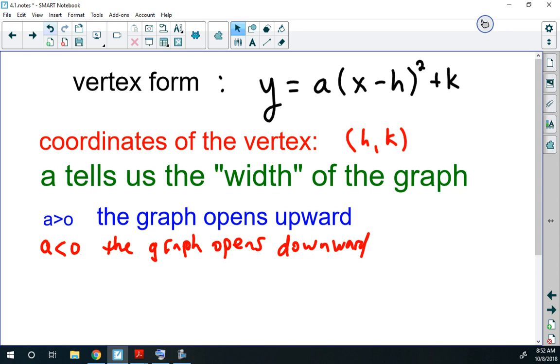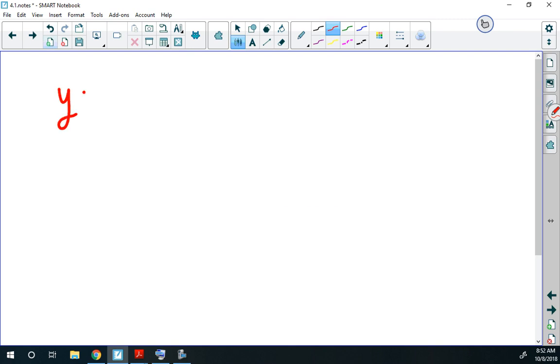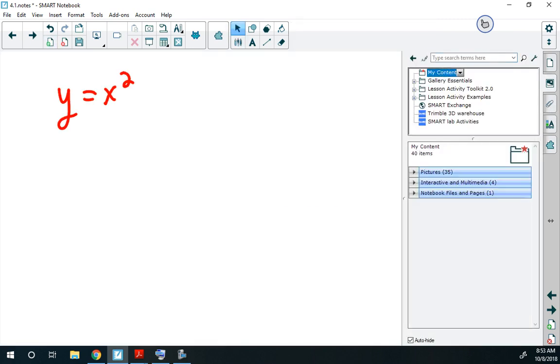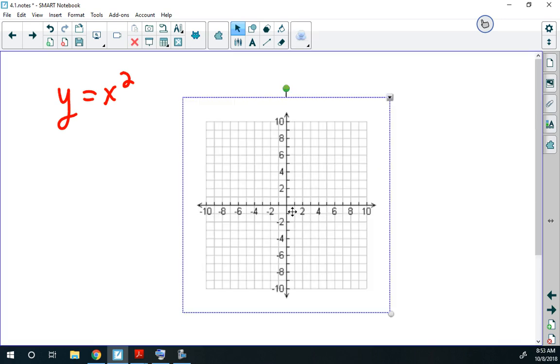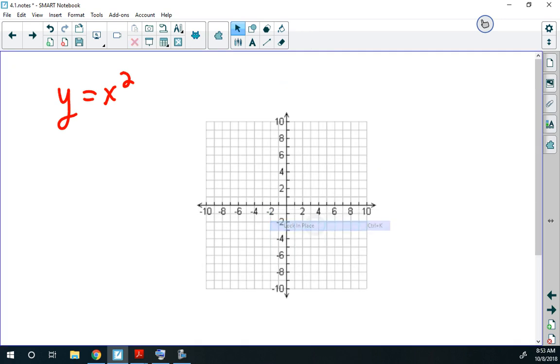How's everybody doing up to this point, okay? What I'd like to do is just look at a couple graphs of y equals x squared. We graphed this a while ago, and you need to be able to graph this with one hand tied behind your back. Not that anybody's going to do that in here, but you need to be able to graph this quickly, by memory, without looking.